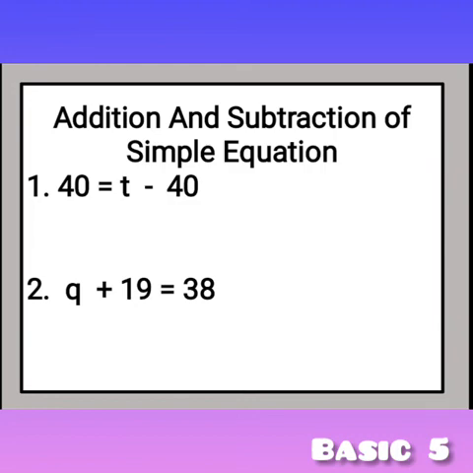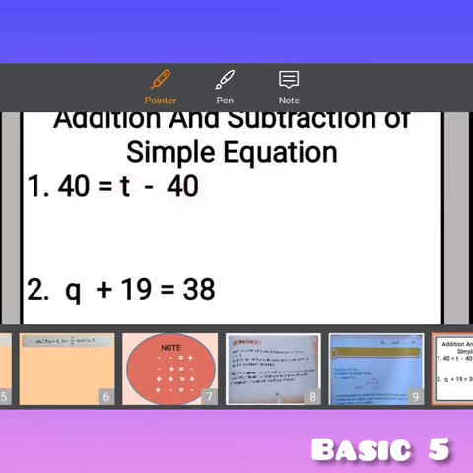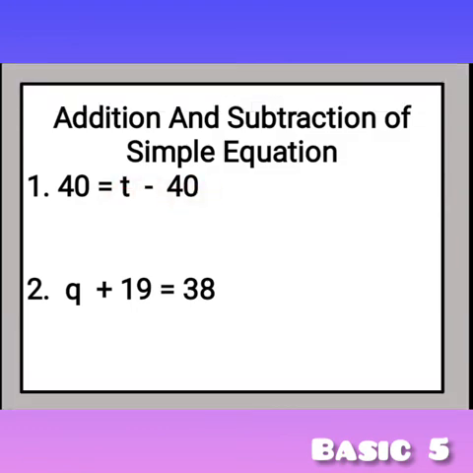Let's do an example of addition and subtraction in a simple equation. Number 1, 40 equals t minus 40. This means that 40, at the left, equals whatever is happening here. Let's do that together. To find what t is, we bring t to stand alone.